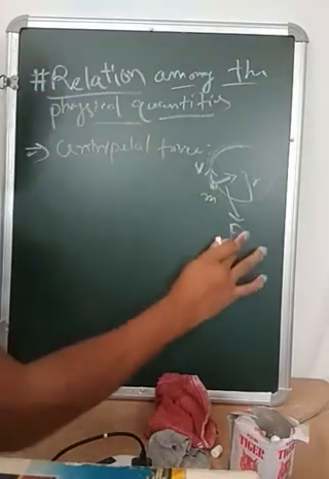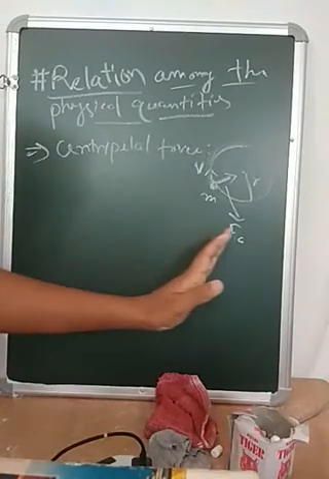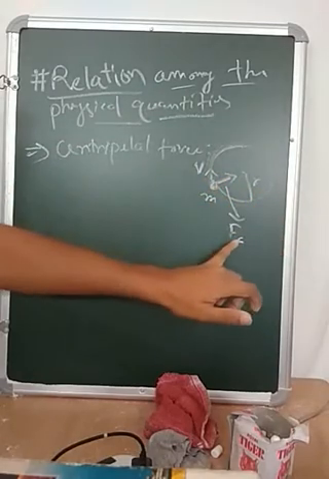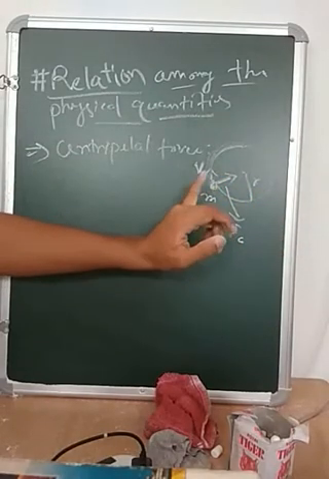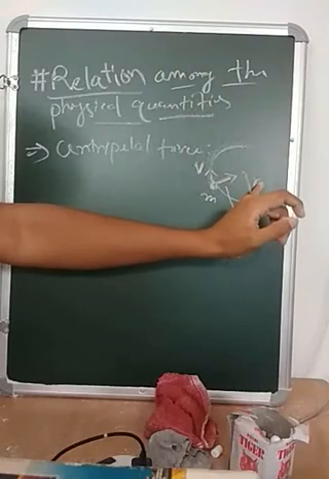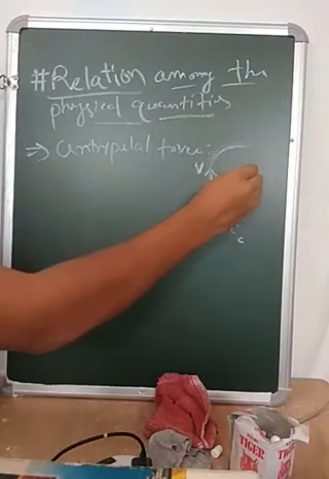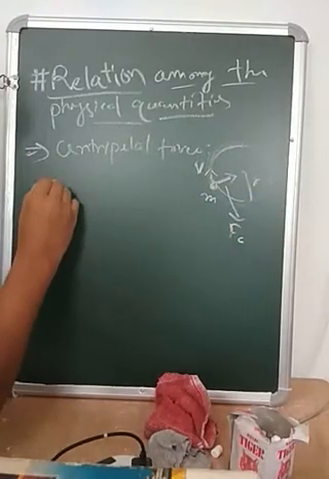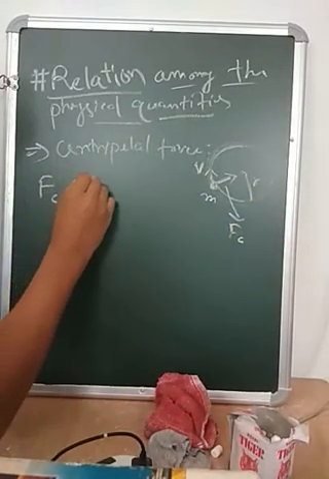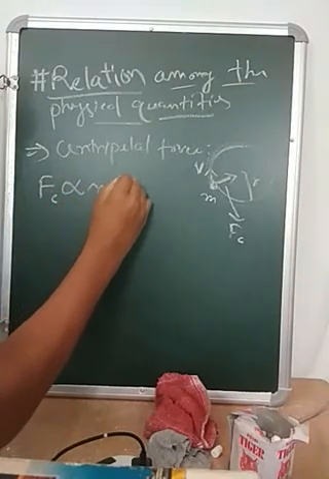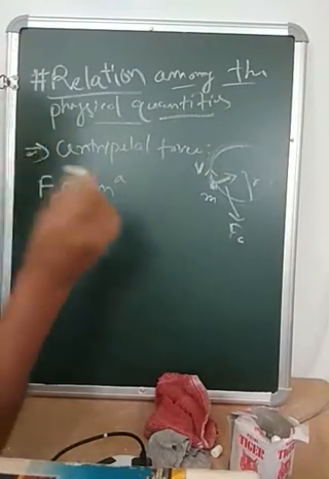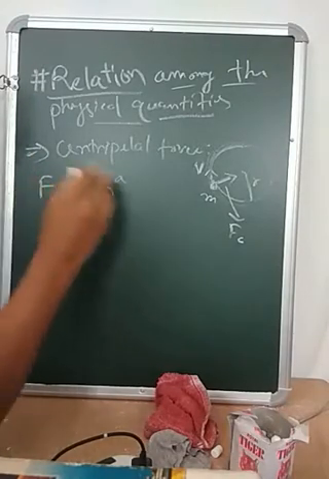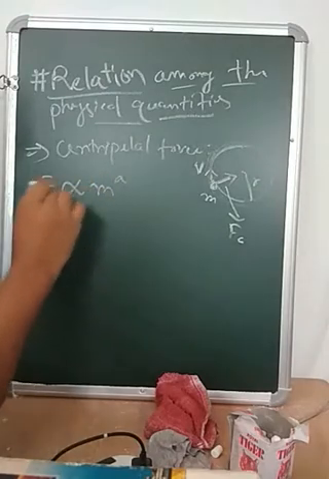So you have to find how the centripetal force is related to these quantities m, v, r. How is Fc, centripetal force, related to mass, velocity, and radius of the circular path? So how do we do that? First we write Fc is proportional to m to the power alpha. Here you do not know the dimension. How does centripetal force depend on mass?